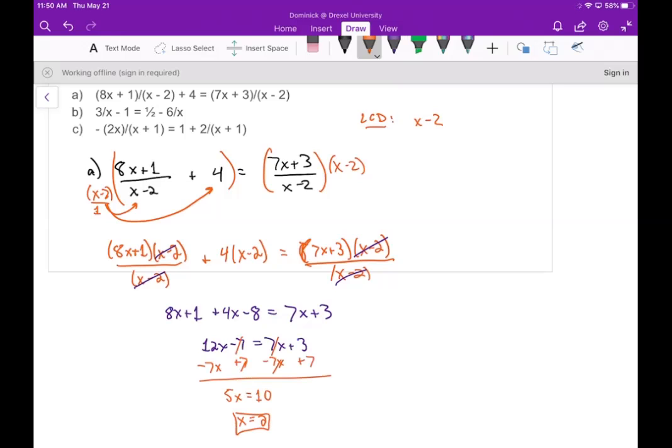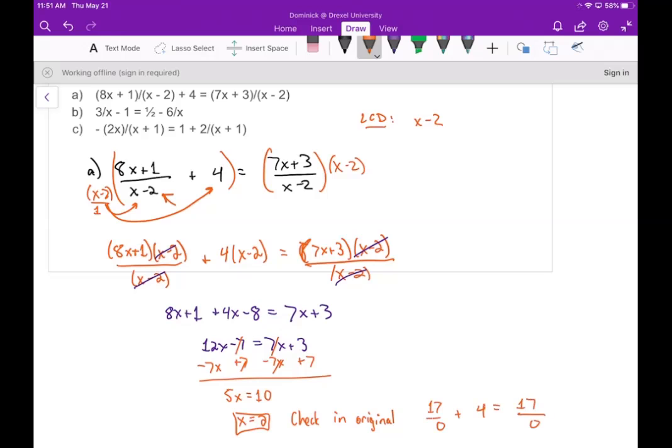All right, but now we need a check in the original. Now, of course, you run into a problem right away, because if you go and plug this into the original, for example, if you plug it into this part right here, you're going to get 17 over 0. And then you're going to get 17 over 0 again.